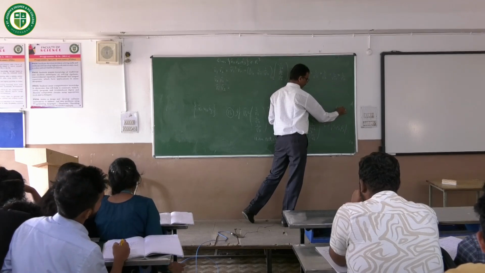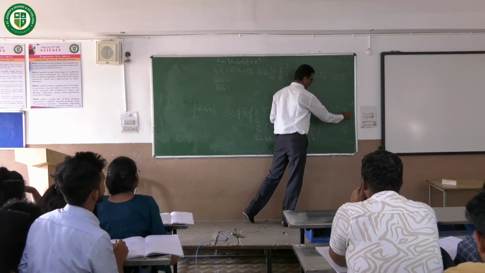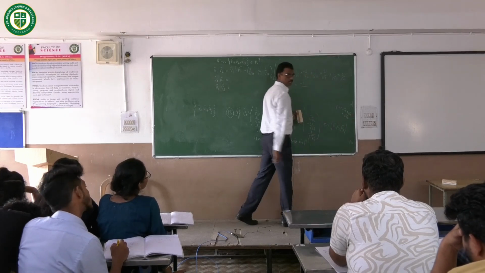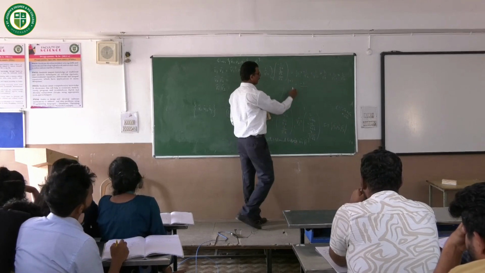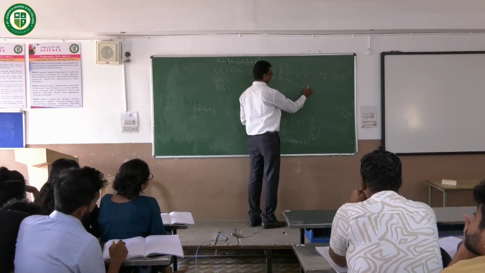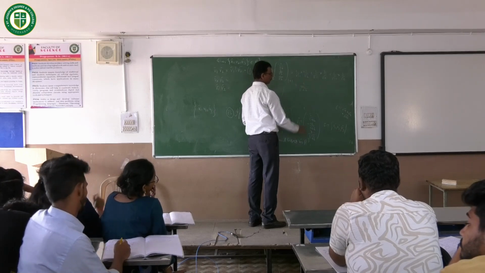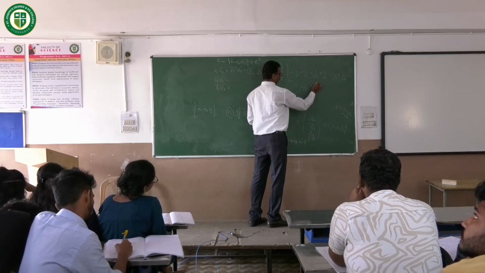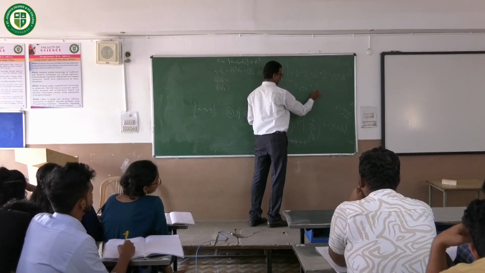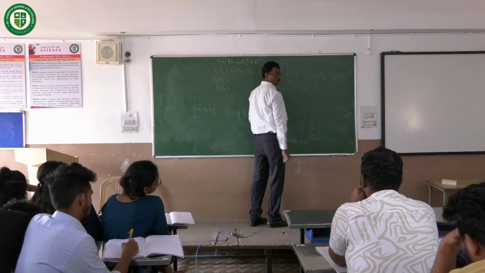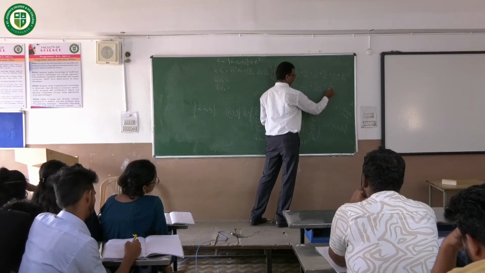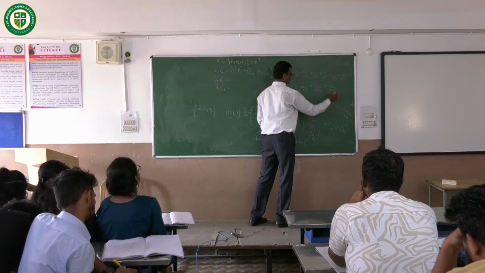What is the formula? Root a into root b is equal to root ab. So you can write it as under root of 11 into 6, root 66, plus 1 into 2, 2 by root 66, plus 1 by root 66.